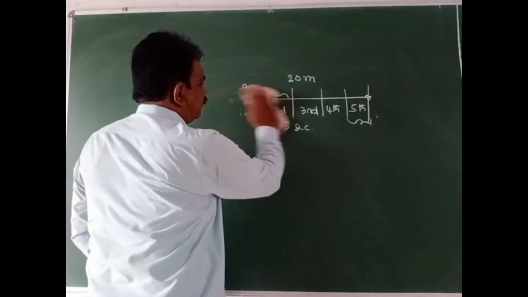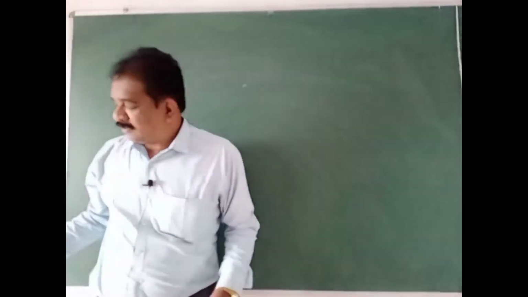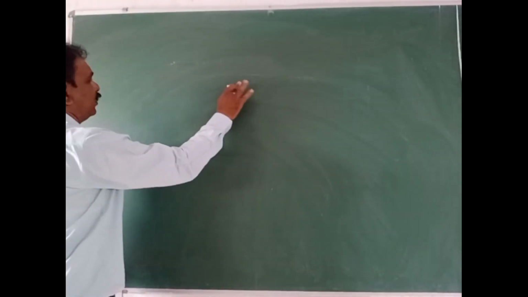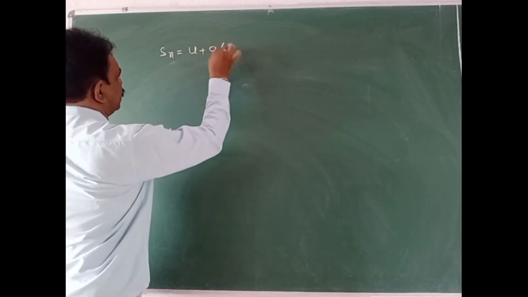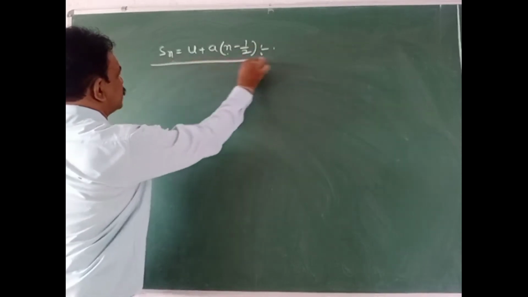Now, after finishing this, let us derive that formula, Sn = u + a into (n minus half). For your understanding, see how to derive this formula.